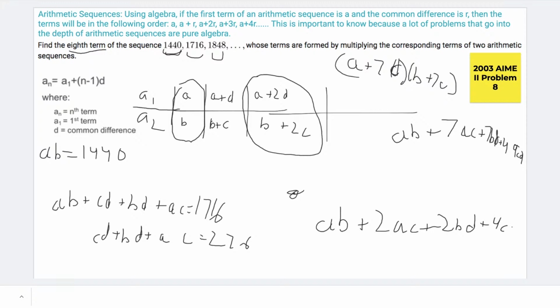We know AB is 1440, and if you subtract that from 1848, you get 408.